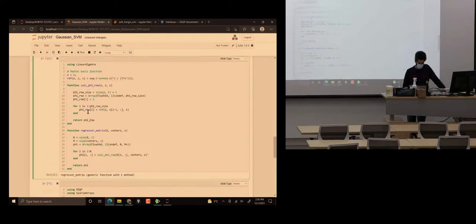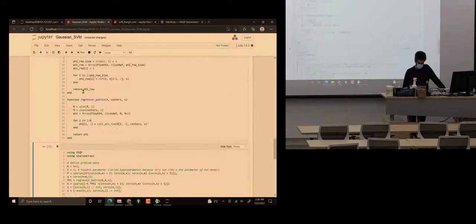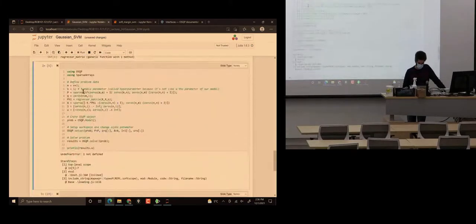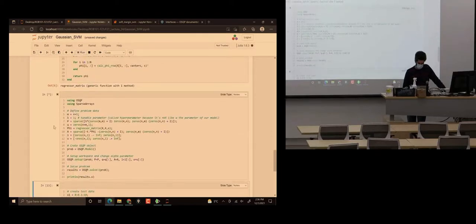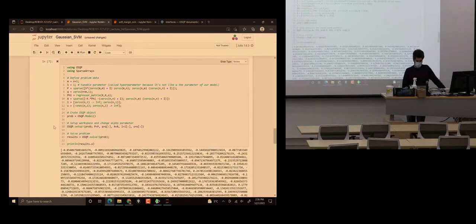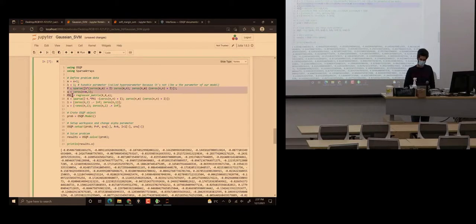I don't think I defined this yet. So I define my problem here, and once you have your P, Q, in this case phi, A, L, U, you create a model from OSQP. This is my problem.